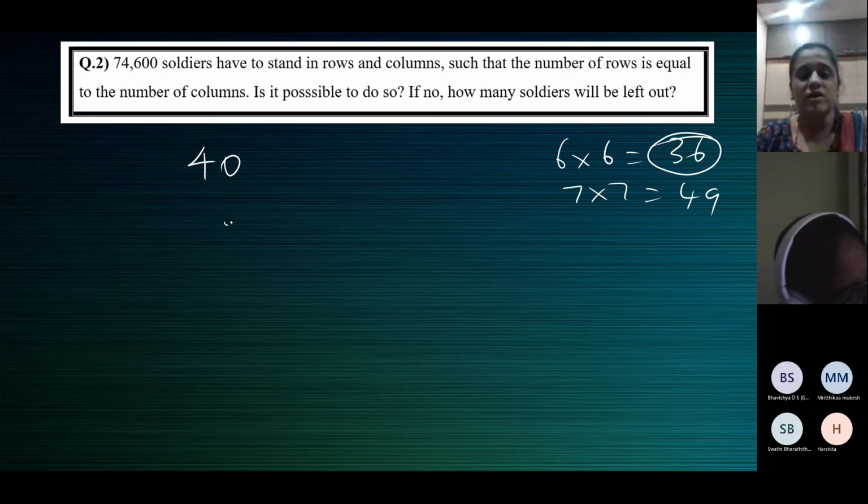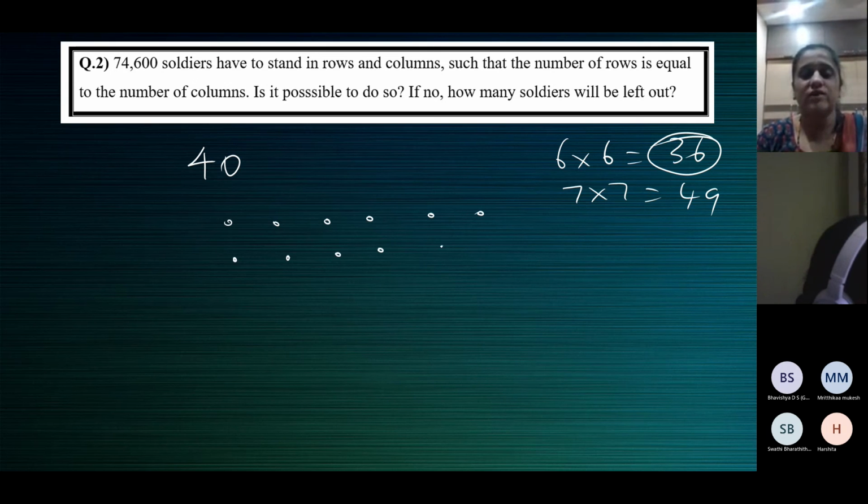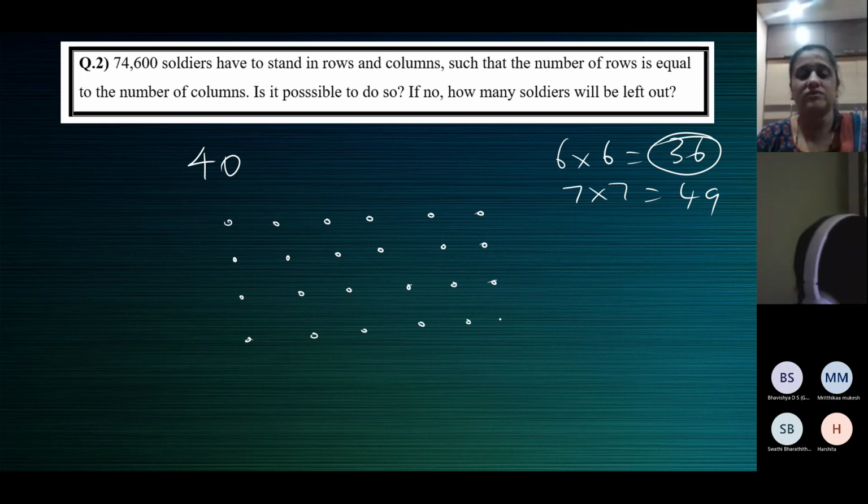6 rows. These are soldiers. 1, 2, 3, 4, 5, 6.